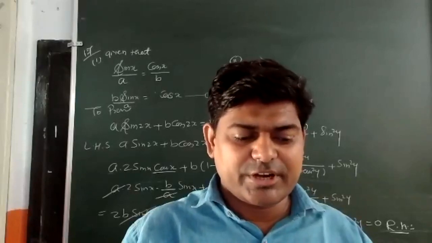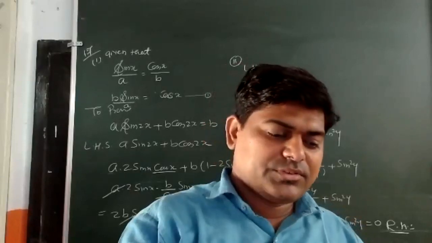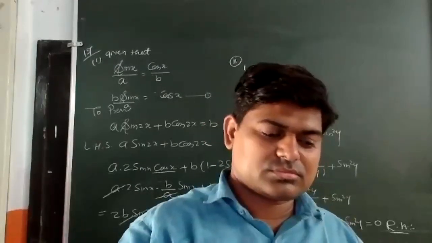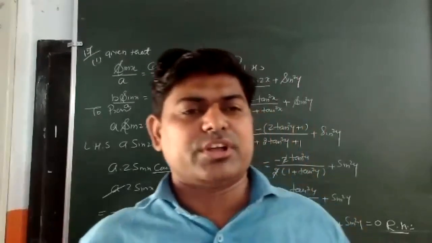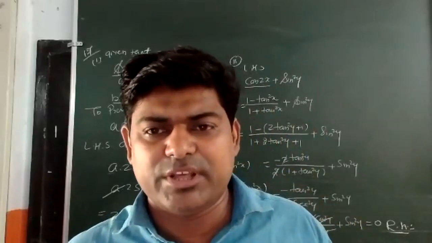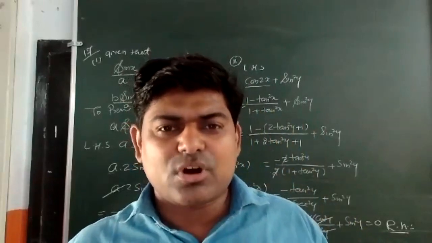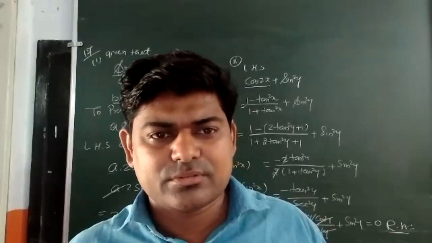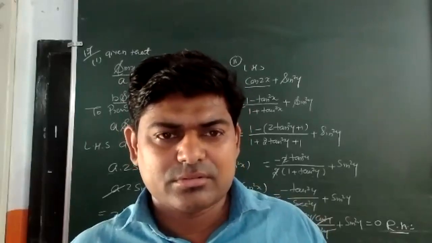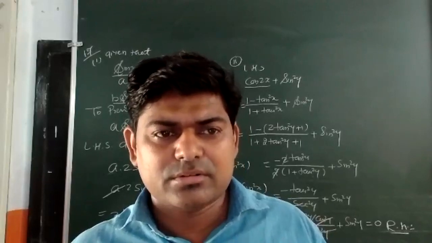Can I proceed for the 18? Say yes or no. So I'm not going to solve question number 18. Actually, in 18 you can see 2 cos y is equal to x plus 1 upon x. So cos y can be written as 1 upon 2 into x plus 1 upon x. Am I correct?